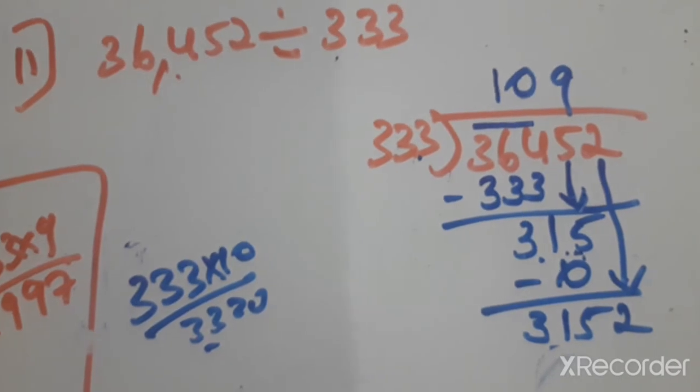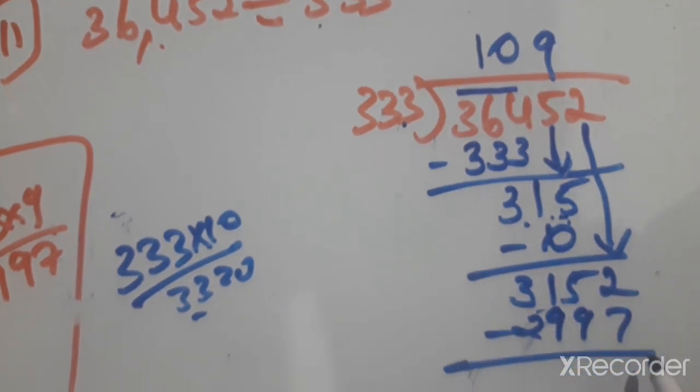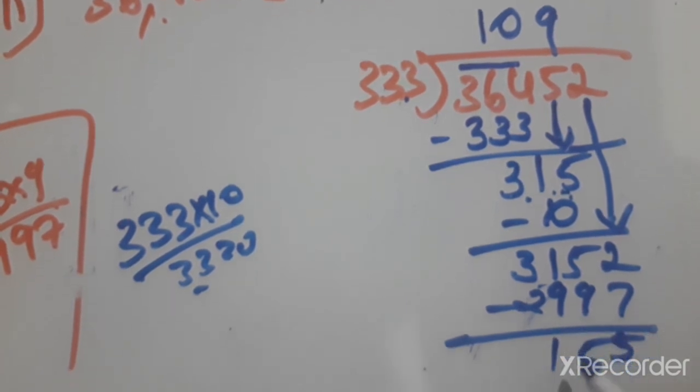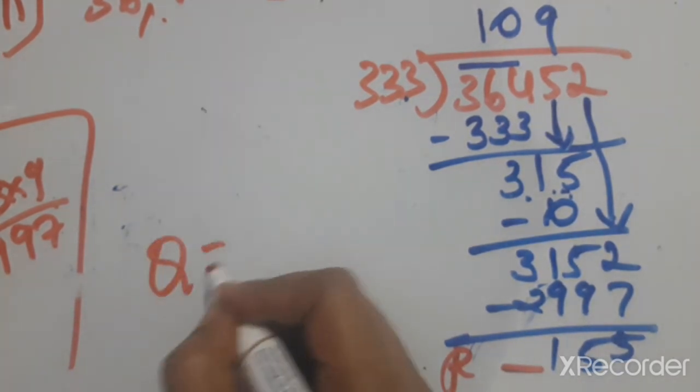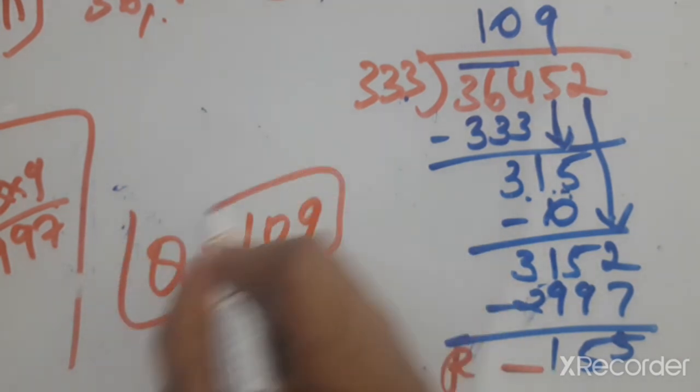So we have to consider that number. 9s are 2,997. Subtracted. After subtraction, 155 is the remainder. So the remainder is 155. Quotient is 109. This is the answer.